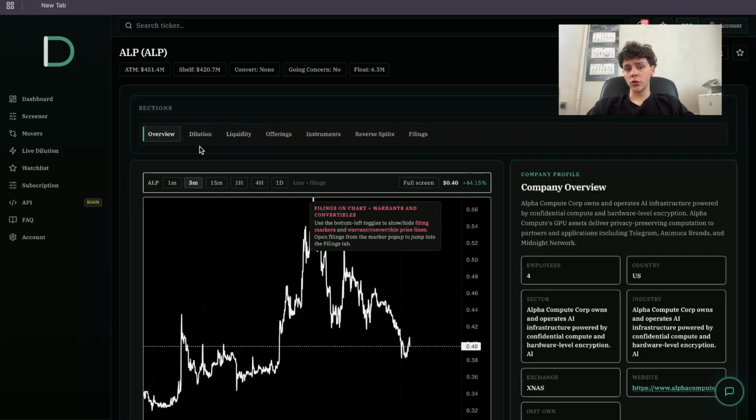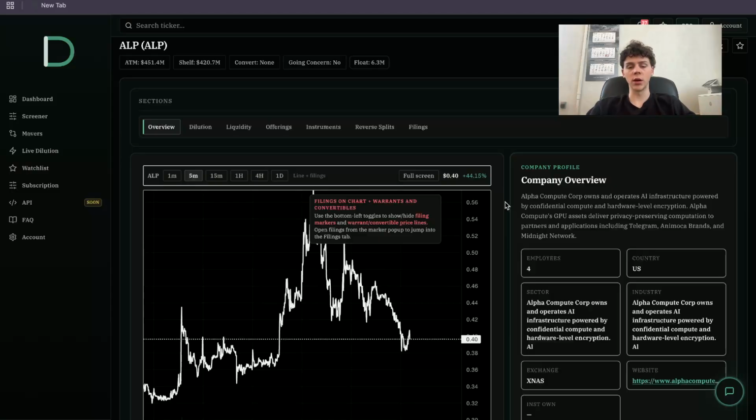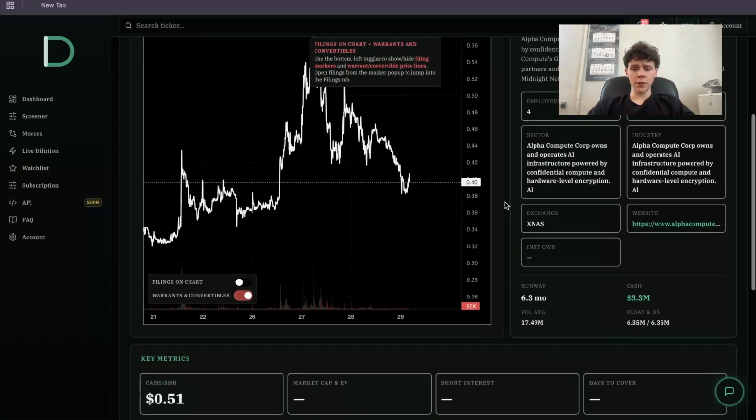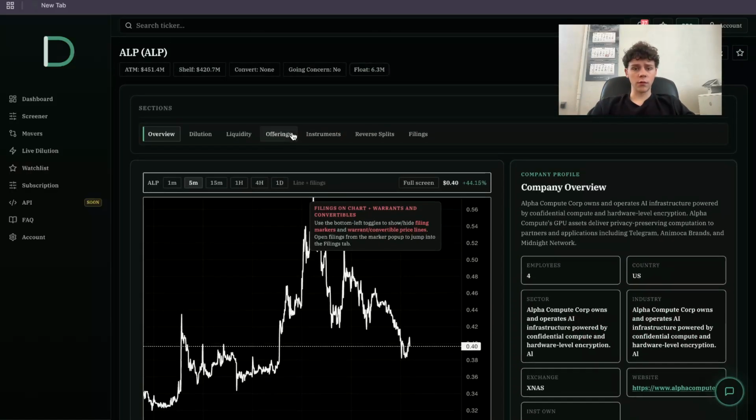You can still use our platform to check what their dilution pattern was in the past, and if they're really going to do the price increase that you're waiting for. Because even though it might be a good product, many of these companies are still small, still don't have very big clients, and their main source of money to invest and to further expand is going to be, in the end, diluting you and kind of stealing your money. So you can use our platform for almost anything.